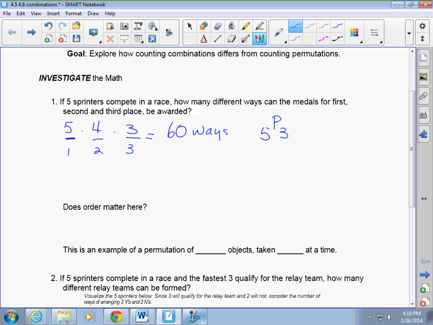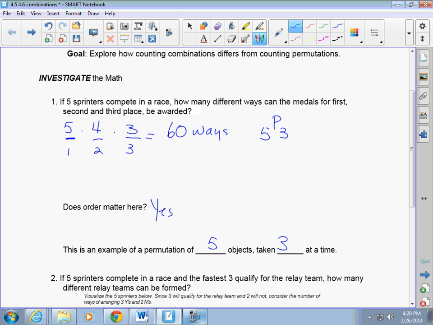So order did matter. This is an example of a permutation of 5 objects taken 3 at a time. When the order matters as to a placement or positions, then it's a permutation that you're working with.